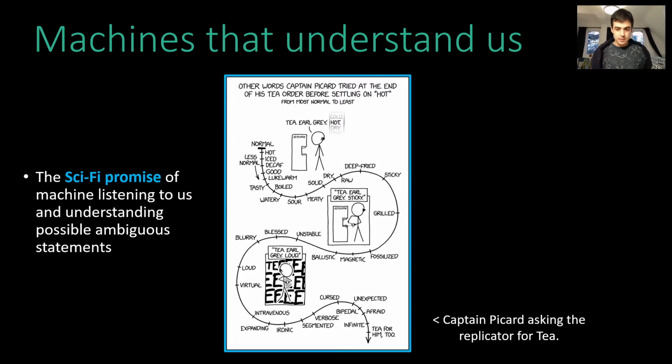There is a comic from XKCD with Captain Picard asking the replicator for tea. He always says tea, Earl Grey, and then an adjective, going from hot all the way to different possible adjectives you can see. So tea, Earl Grey, loud, or tea, Earl Grey, tea for him too, which is showing that human language is quite ambiguous sometimes. So it's interesting to work in this area.